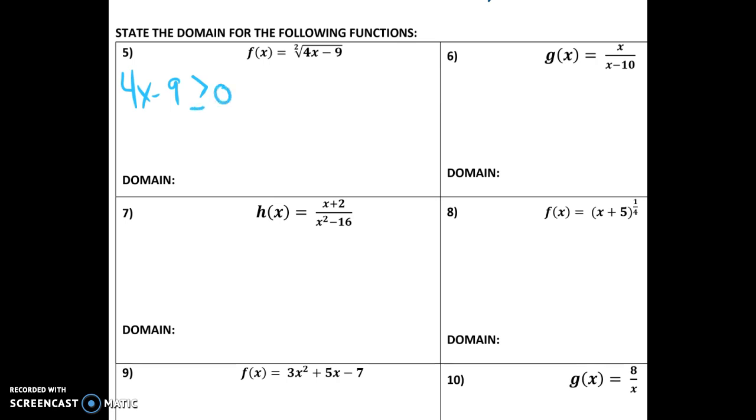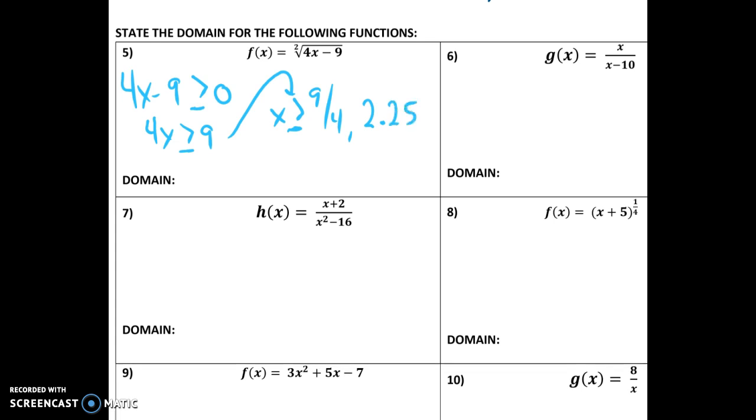And now you're just going to solve for x. So to get x by itself, I add 9. And then I divide by 4. And that gives me x. The values I pick for x in my t-chart need to be greater than or equal to 9/4. You could write it as its decimal if you wanted, 2.25.